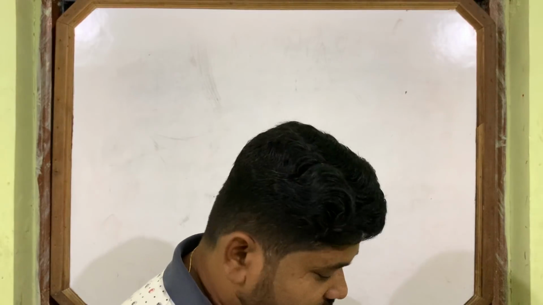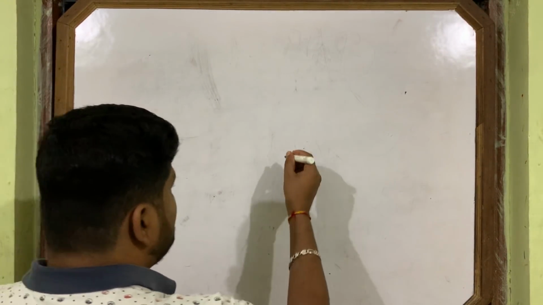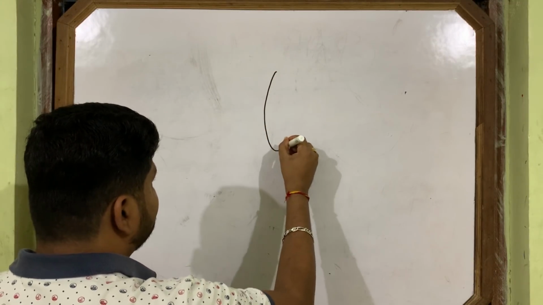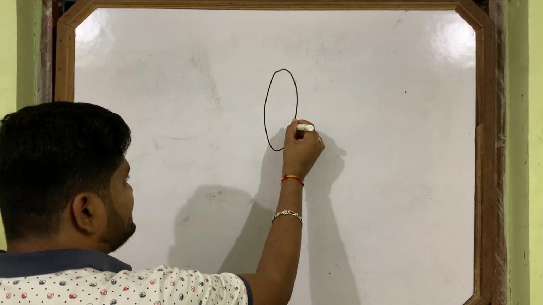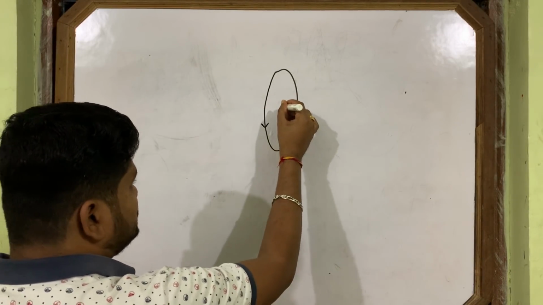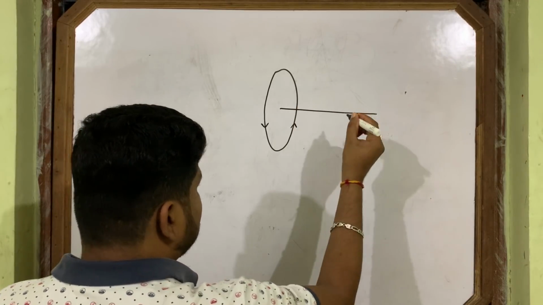At any point on the axis of the circular coil, you take a circular coil. This is the circular coil. Current is passing like this. See, this is the center O. Let's draw its axis.